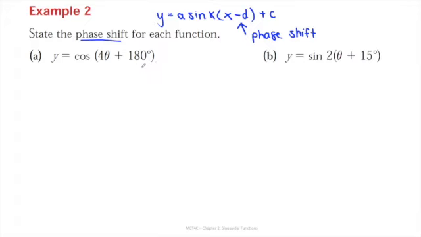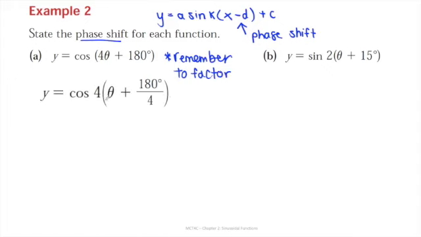So you could look at this and say, oh, it's 180 degrees, but this 4 theta is actually going to affect it, so we need to remember to factor. Once you remember to factor, you're going to take each of these, divide it by 4, right? You want to get theta by itself. So divide by 4 and pull the 4 out front.